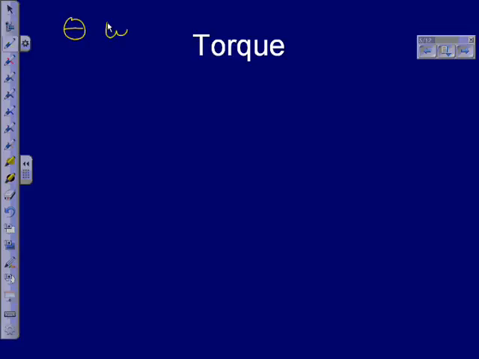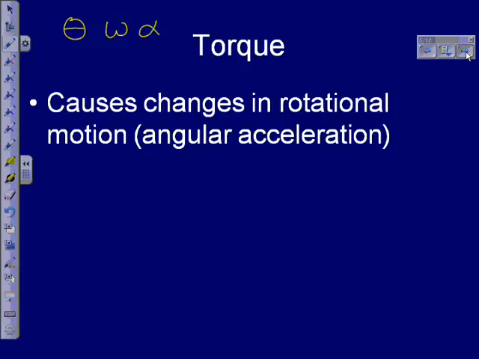So we talked about how these three things correspond to translational concepts. Displacement talks about how far did we go. Velocity talks about what are we doing now. Acceleration talks about how are we changing, right? But torque also relates to something we've spent a lot of time talking about. As far as the definition for torque, torque causes changes in rotational motion, or it causes angular acceleration.